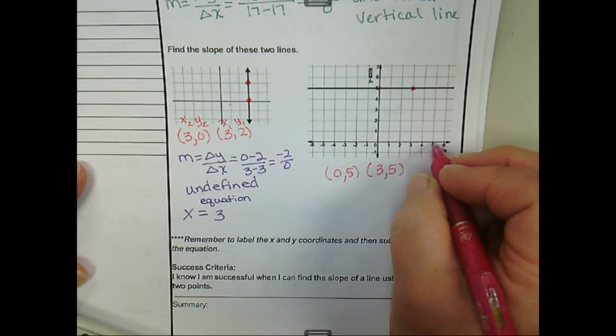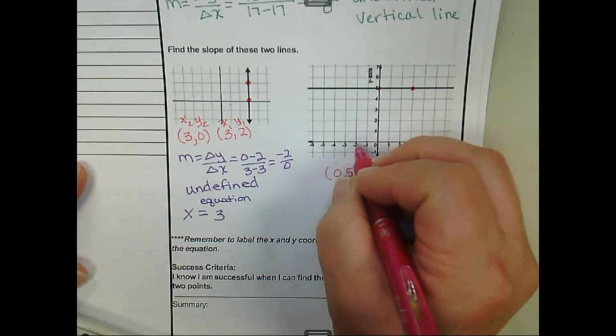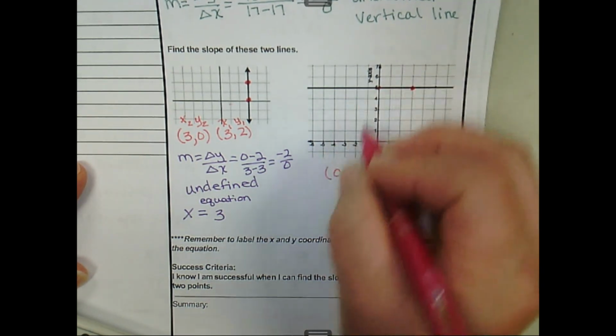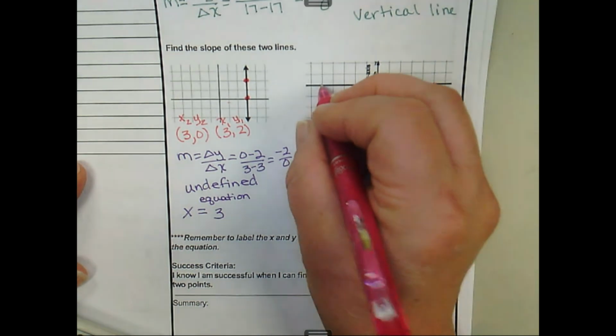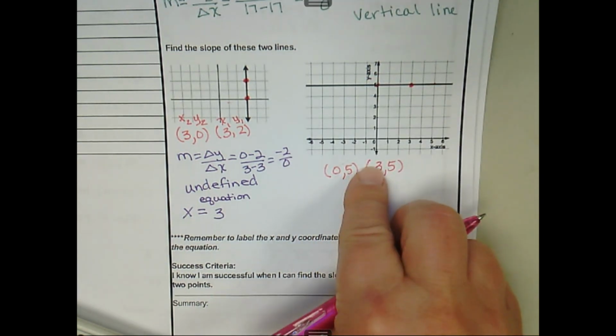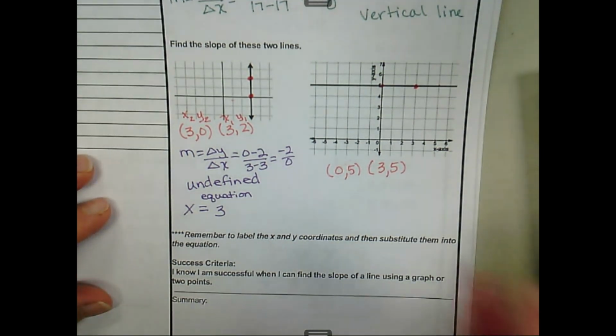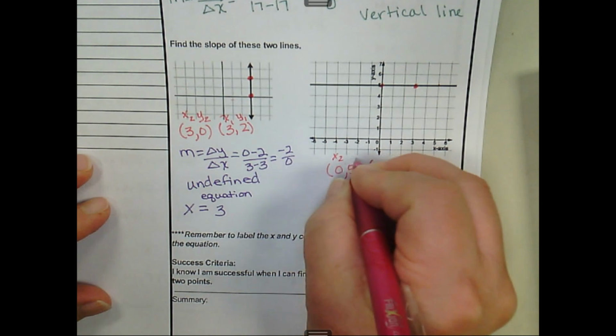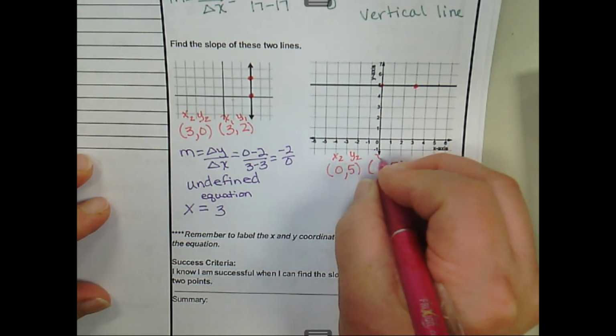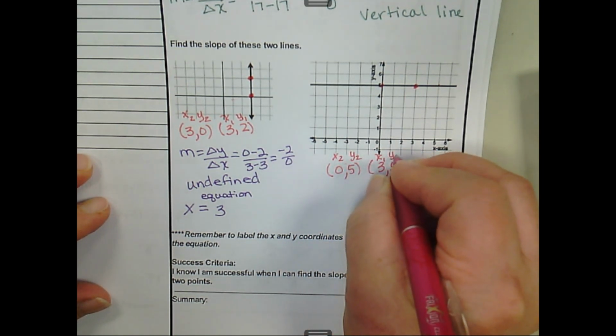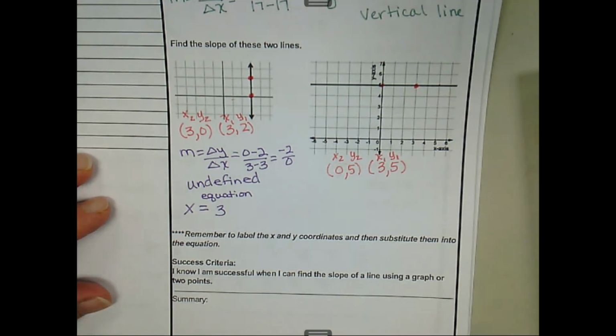This one would be 5, 5. Negative 2, 5. Negative 5, 5. That first number tells you how far away from the origin you're going. The second one tells you you're going to go up 5 units. So this is x sub 2, y sub 2, x sub 1, y sub 1. Apply the formula.